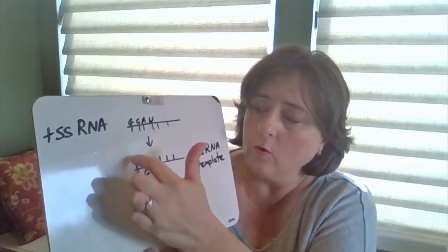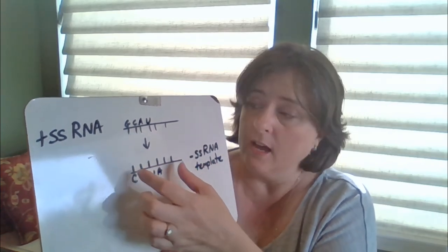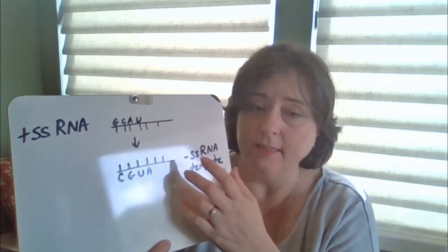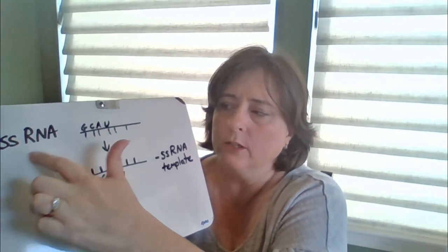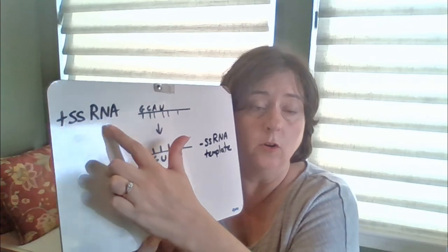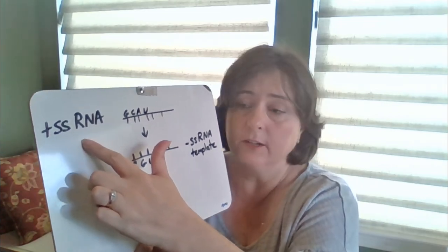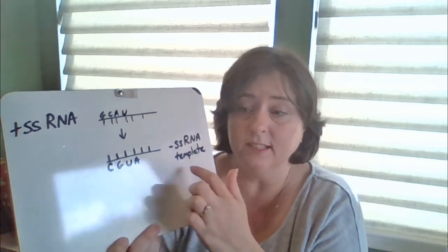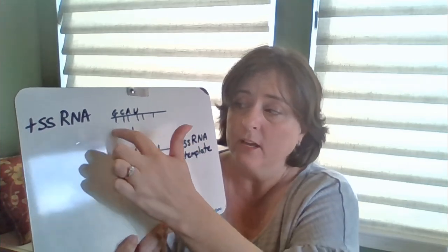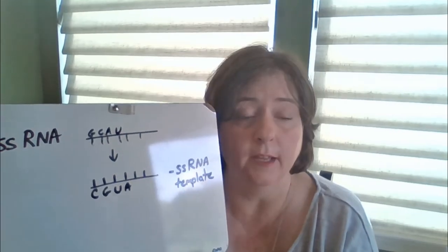So we can make a whole bunch of this. From this copy, which is referred to as a negative single-stranded RNA. If it is a positive single-stranded RNA and we need to make a whole bunch of this to get packaged in virions, it makes this template, and then this template uses the same complementary base pairing to make a whole bunch of this to go in. So that's how that is working.